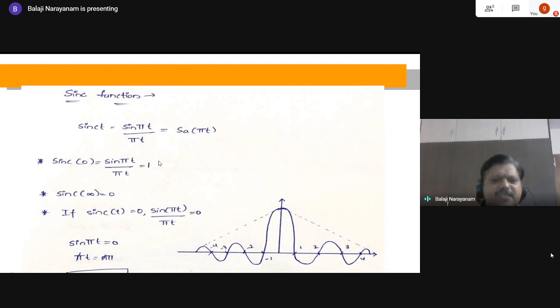If sinc of t is 0, and sine pi t by pi t is equal to 0, you are going to have a relation between t and n. What is this n? Here you observe, this n value is here 0, here 1, here 2, here 3, here 4, and so on. So you may observe that from the sinc function.